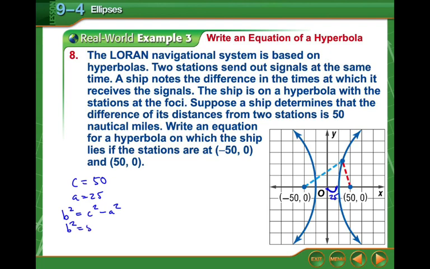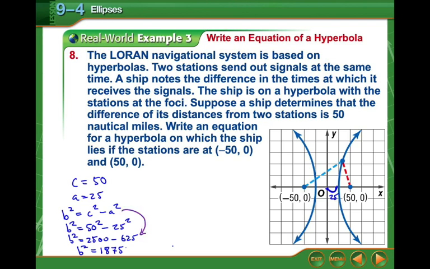c squared would be 50 squared. a squared is going to be 25 squared. 50 squared is 2,500. And 25 squared is 625. So b squared comes out to be 1,875. And again, in this process, we found what a squared is.